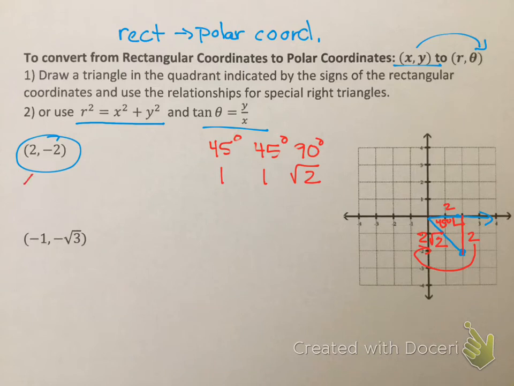So these are the xy coordinates, the polar coordinates. Let's do my angle first. I'm going to rotate in a clockwise direction, so this would be a negative pi over 4. My r value was 2 square roots of 2.